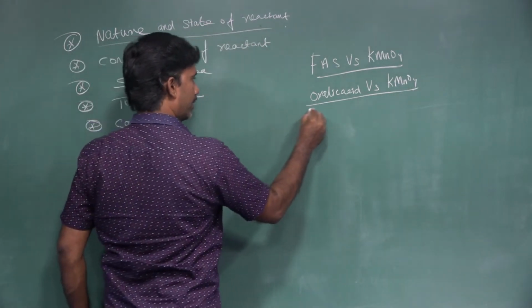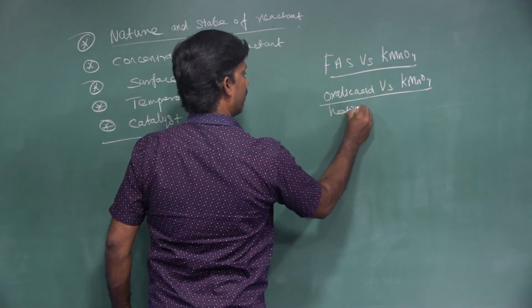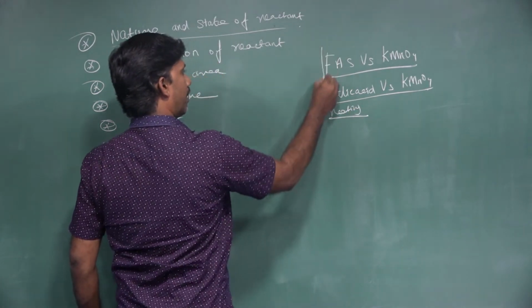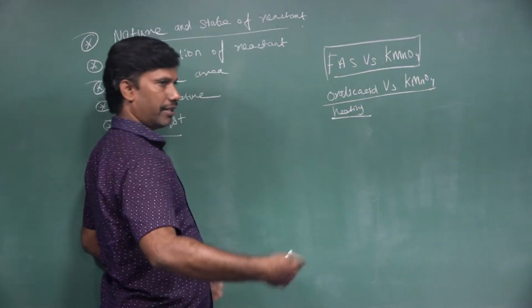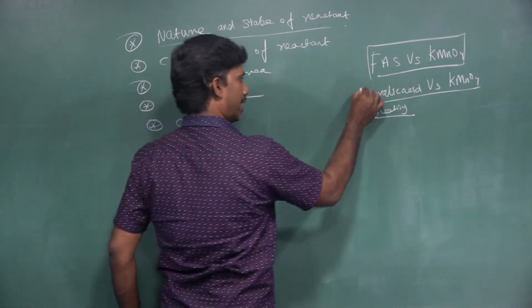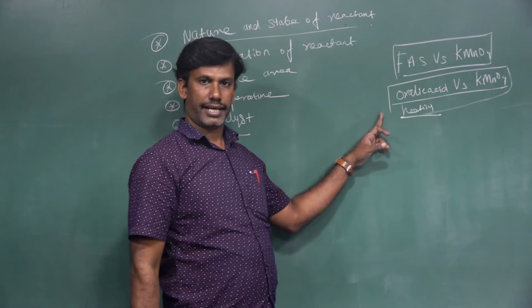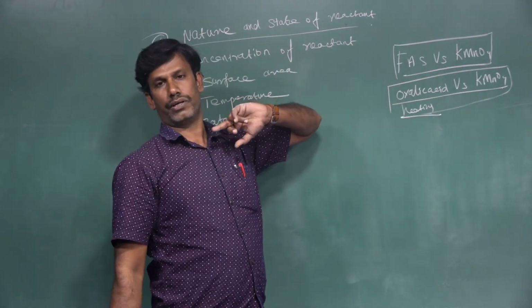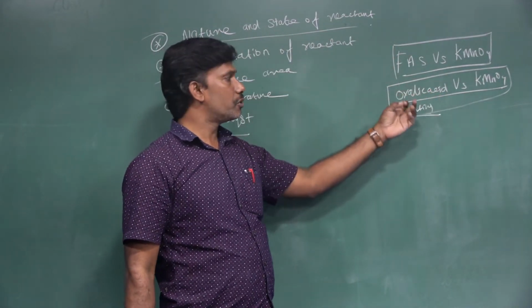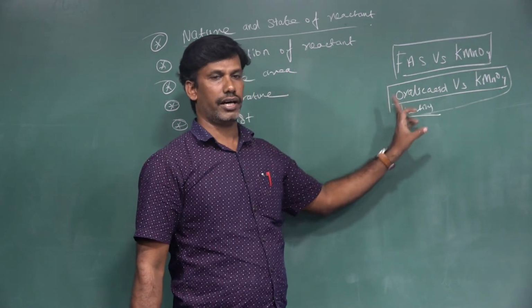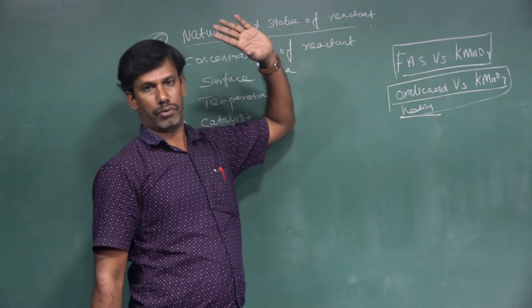Heating is required. With FAS you can simply add the two and they combine, and the reaction forms. Whereas with oxalic acid and KMnO4, it also is redox, but it takes more time and should be heated. Only after heating and mixing will the reaction proceed.